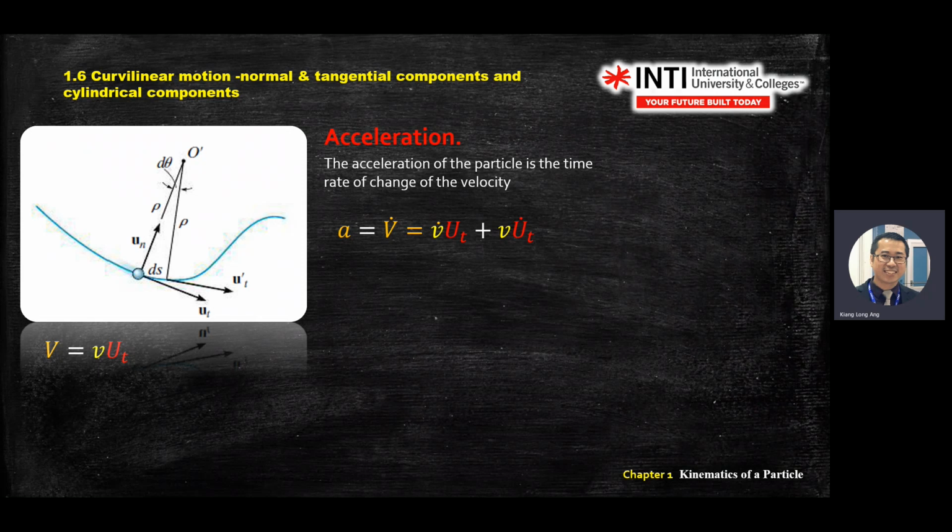Some students cannot do this in the final because they forget dot products. Again, you need to recall your dot products. So that's why you see v dot ut plus v ut dot.